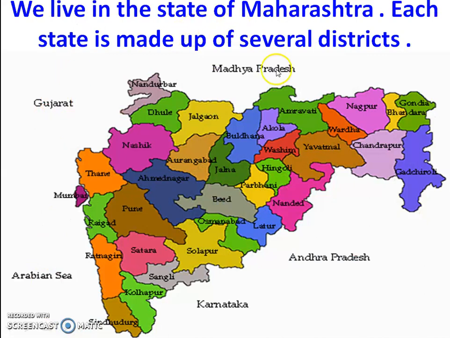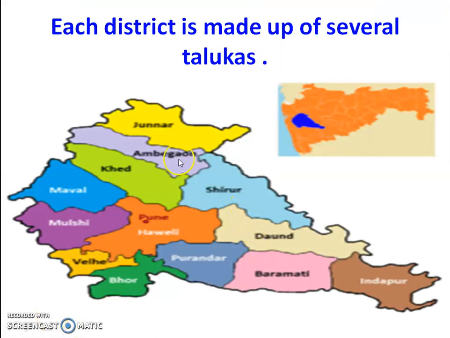We live in the state of Maharashtra and each state is made up of several districts. In our Maharashtra there are 36 districts like Pune, Ahmednagar, Nashik, Thane, Raigad, Ratnagiri, Satara, Sangli, Solapur. We live in Pune district.